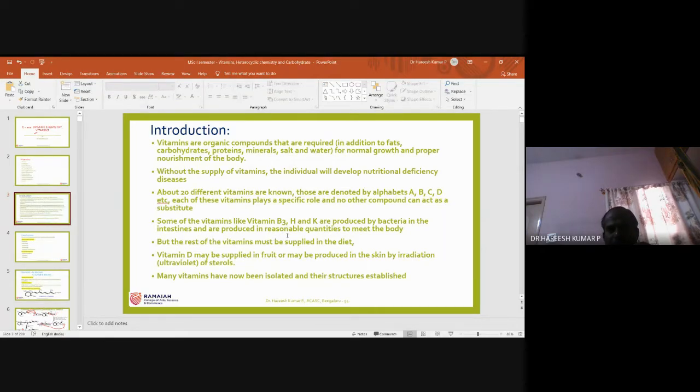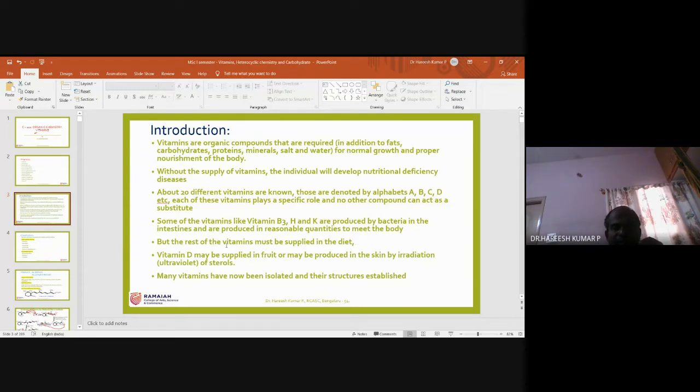They are produced in reasonable quantity to meet the body's requirement. That means it only produces the body's requirement quantity, not more.